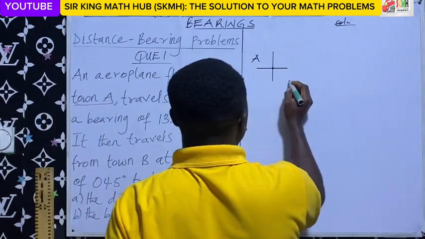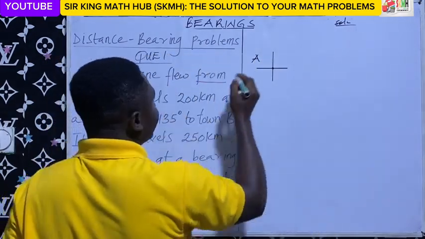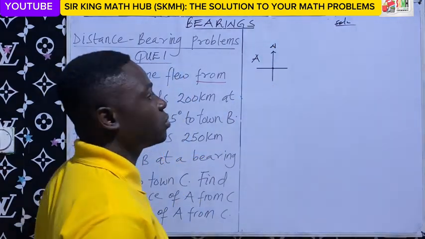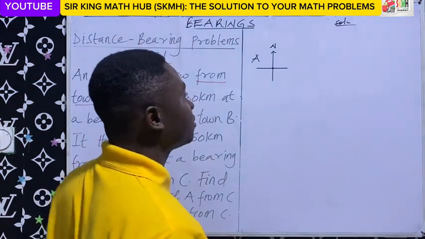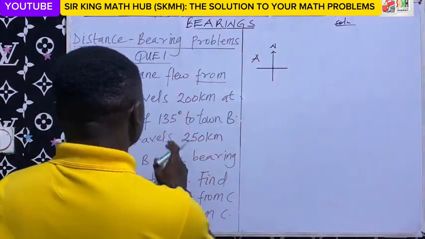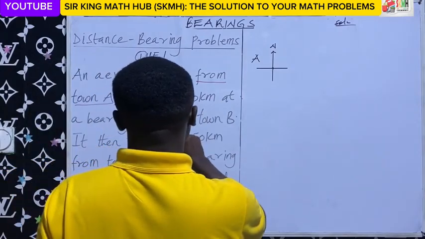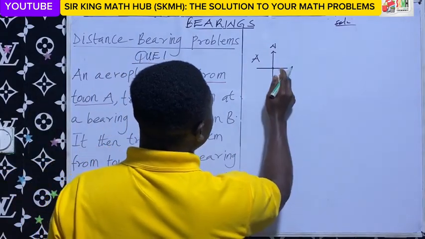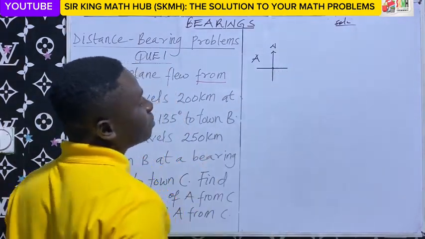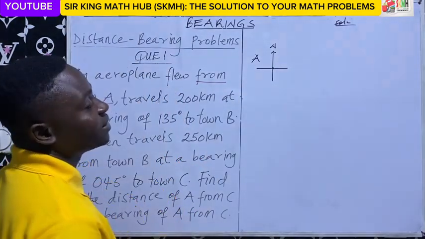So here is our town A. Since this is a 3-figure bearing, angles are read from the geographical north in the clockwise direction. From north to east, that is 90 degrees. So clearly we see that 135 degrees will be in this quadrant. 90 degrees plus what angle should give us 135 degrees?